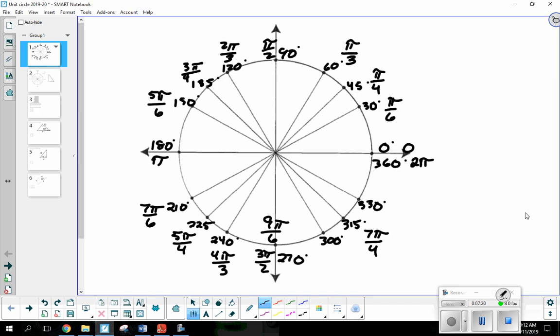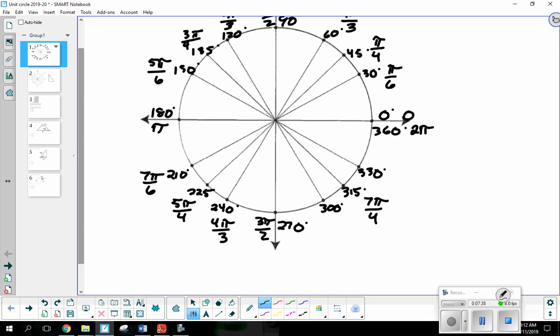Okay, so again, it's matching up. So what's 300? There you go. So 10 pi over 6 becomes 5 pi over 3. 330? 11 pi over 6. And finally, we get back around to the x-axis where we have 12 pi over 6, which is also 2 pi. Okay, so there we go.